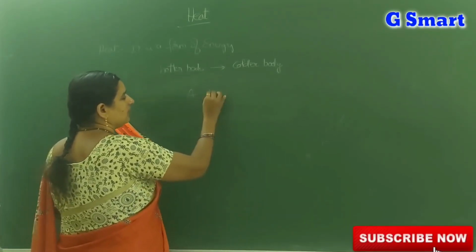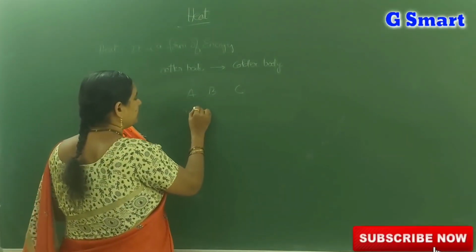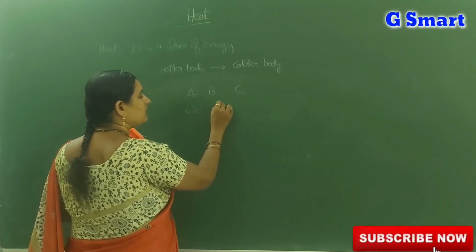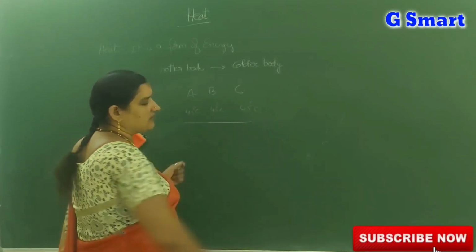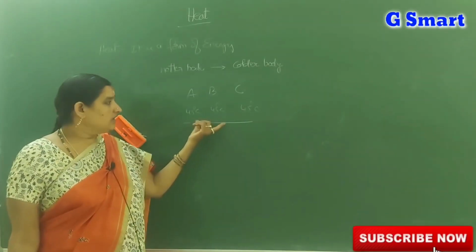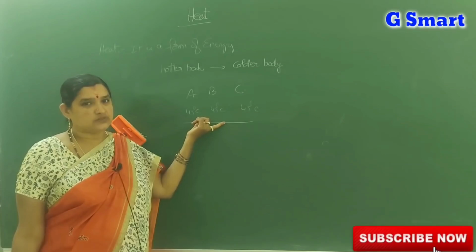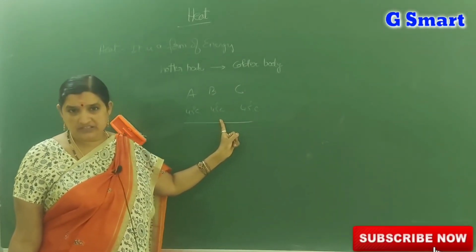A, B, C are three bodies. A at 45 degrees centigrade, B 45 degrees centigrade, C also 45 degrees centigrade. Then how does heat transfer take place? Here no heat transfer takes place. Why? Because the three are at the same temperature.